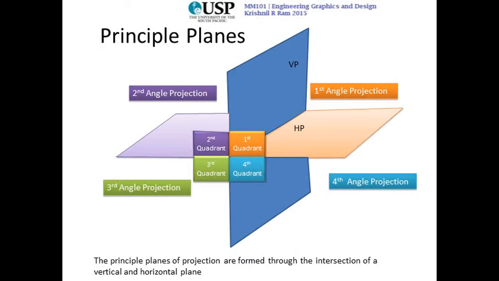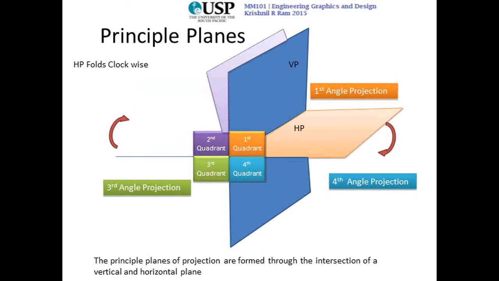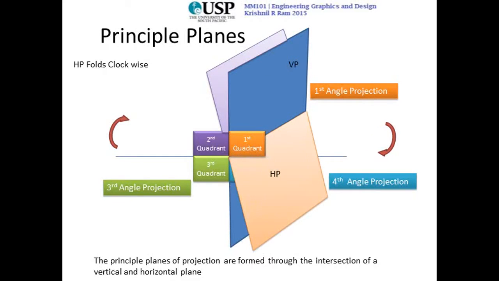Now the rule for the horizontal plane is that the horizontal plane folds clockwise. Okay, so we will now see how only the first and third angle projections are useful, and the second and the fourth are not so useful. This is because the horizontal plane will fold clockwise, and if, for example, this plane was to fold clockwise, this is what will happen: the second quadrant will fold on itself, and the same will happen for the fourth quadrant.